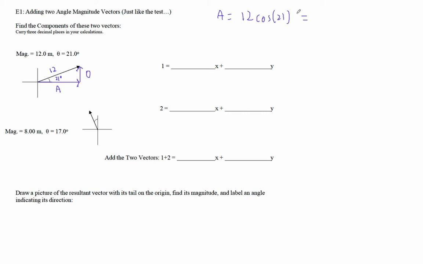Okay, so 12 cos 21 is 11.203, and it says carry 3 decimal places, because it's 11.202965. So 11.203 is rounded to 3 decimal places, right? And the opposite side is equal to 12 sine 21. That'll be smaller, right? That's 4.300.